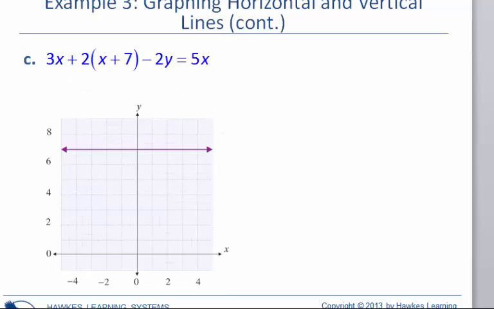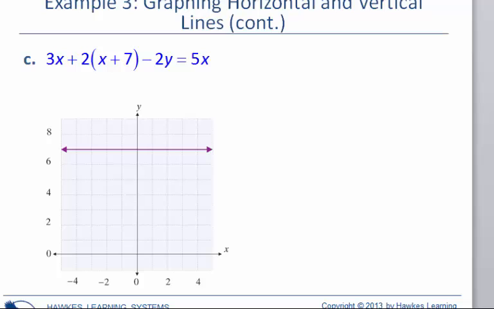And our last example, 3x plus 2 times the quantity x plus 7 minus 2y is equal to 5x. And at first glance on this equation, I don't necessarily think it's a horizontal or a vertical line because I see both variables. But when I go to try to put it into standard form, we're going to see that one of those two variables will disappear.